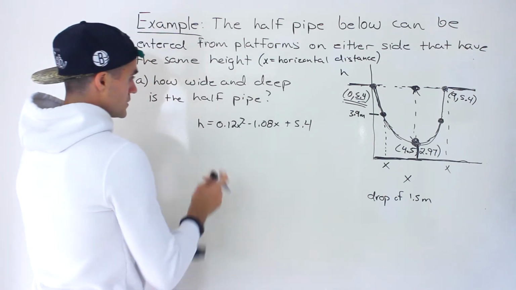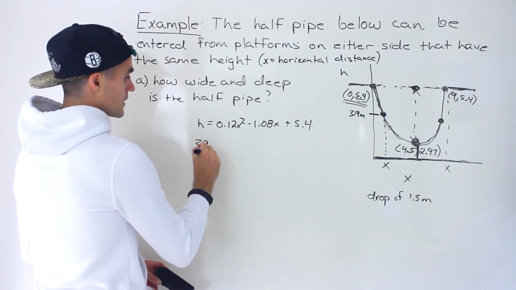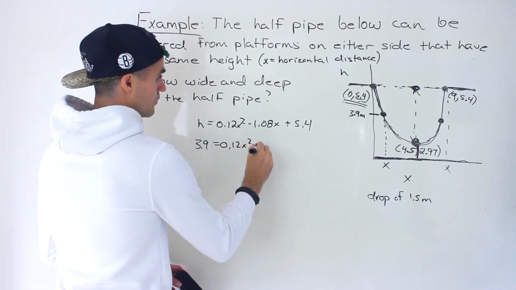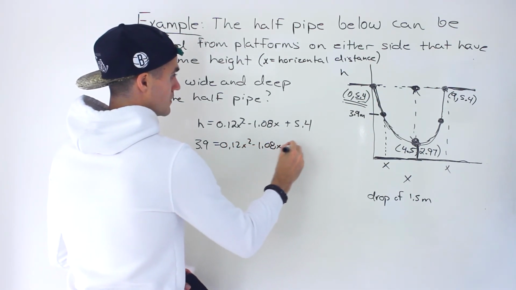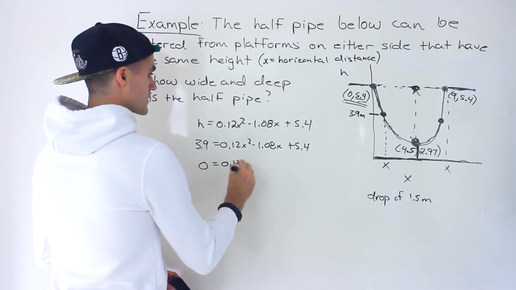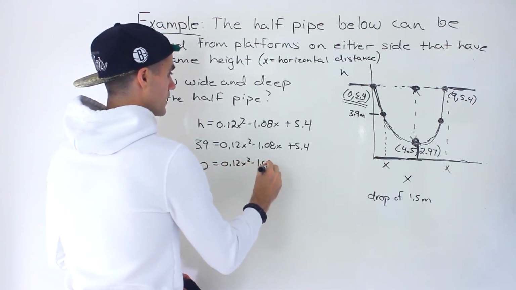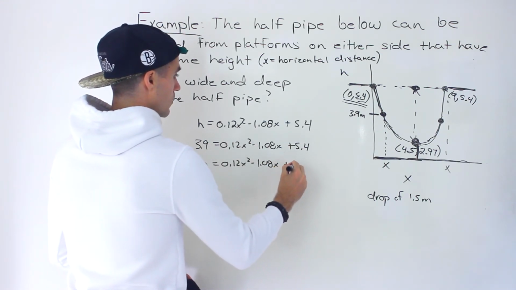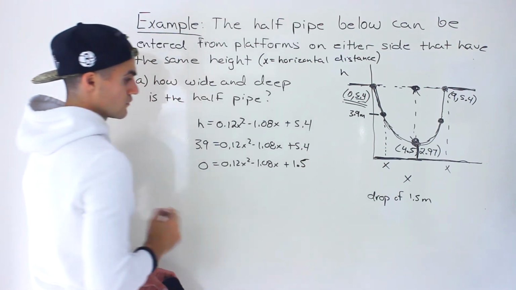So what we do to solve for those two x values, plug in 3.9 here, and we're going to solve for the x values. Okay, bring the 3.9 over, we'll have 0 equals 0.12x squared minus 1.08x. 5.4 minus 3.9 would give us 1.5, like that.